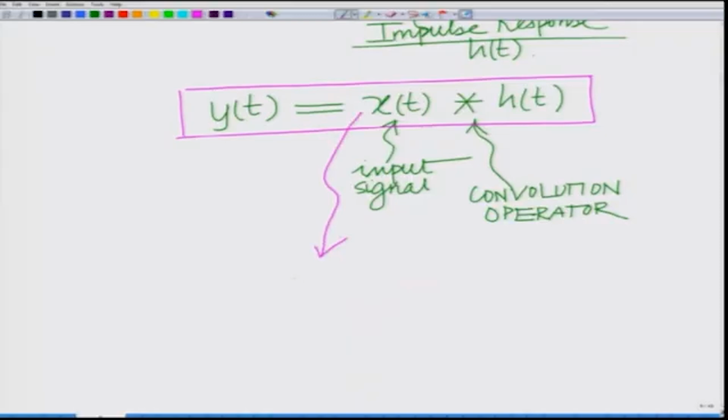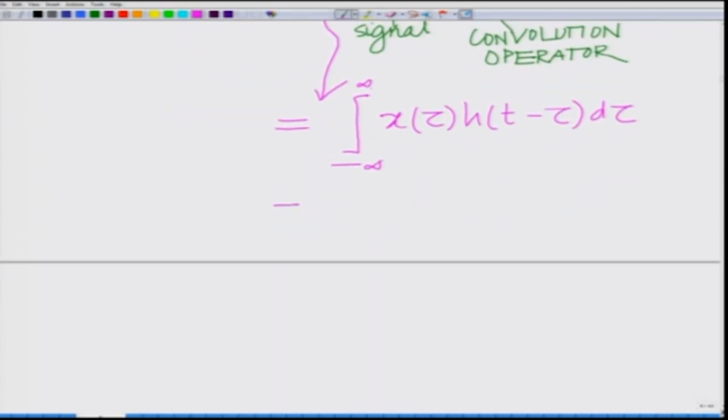and this convolution operation is represented as the integral from minus infinity to infinity of x(tau) h(t minus tau) d tau, which is also equal to the integral from minus infinity to infinity of x(t minus tau) h(tau) d tau.